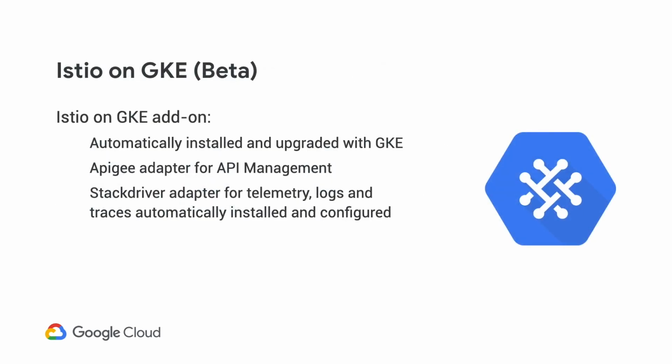Now, just like how Kubernetes is open source and we have a managed, hosted version of Kubernetes, we have Istio on GKE, which is our hosted version of Istio. Now, Istio and Kubernetes are independently released, right? So they have independent versions. So by using Istio on GKE, you're putting your trust in Google to do the certification for version compatibility.